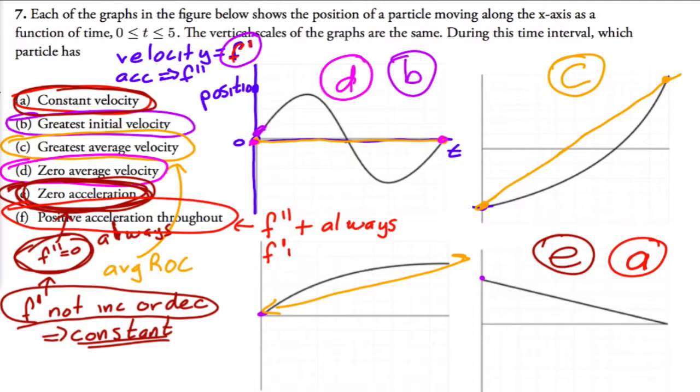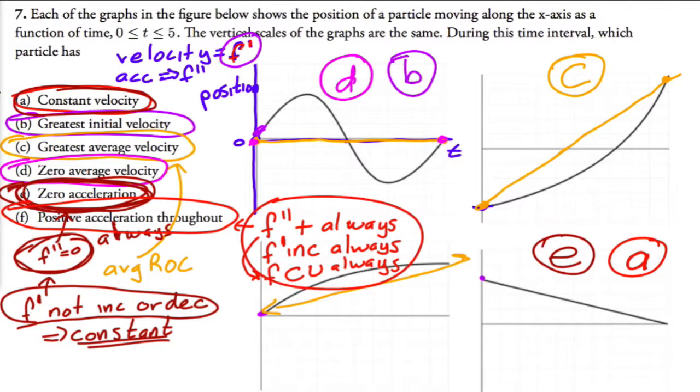Well, that means that the derivative would have to be always increasing. Actually, you don't need to make that connection because you have an even simpler connection. If you go even further back to the original function, if the second derivative is always positive, that means the original function is going to have to be concave up, always. And which one of these is always concave up? Well, it would have to be this one right here.